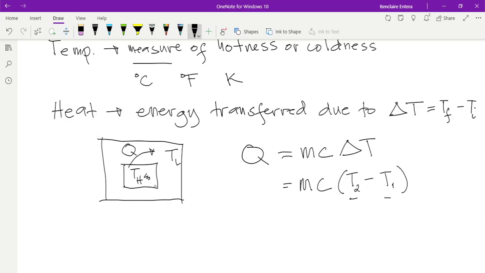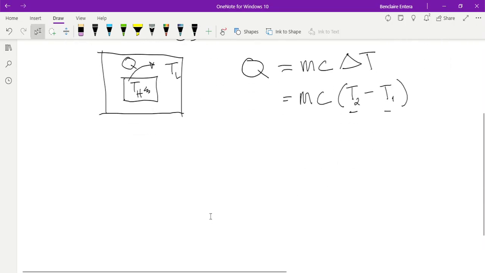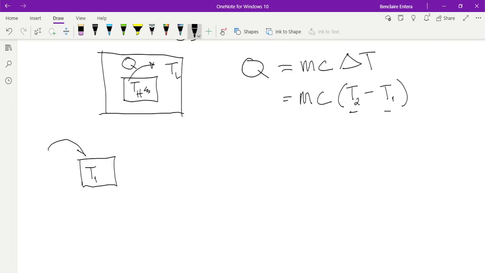So this means that, from what you have learned in your high school physics, for example, when you have an object, initially its temperature is T1. When the object changes its temperature, either the object will absorb heat or it will release heat.